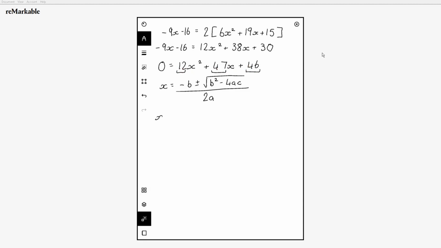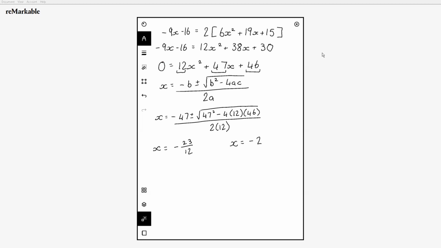If we fill that all in and put that into our calculator, we can find our x values. Minus 23 over 12 is our first x value, and our second x value is minus 2.